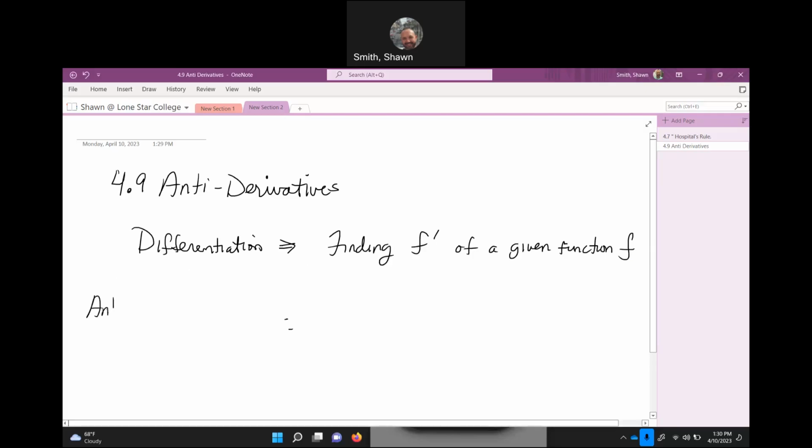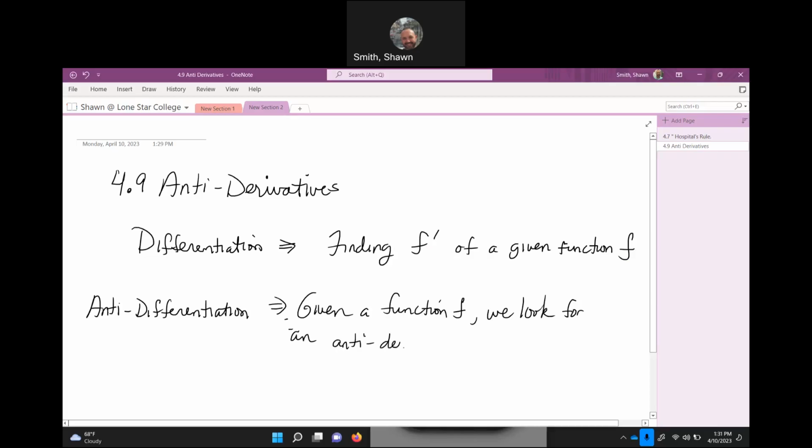Anti-differentiation, say that fast, is now given a function f, we look for an antiderivative function cap F whose derivative is f. Cap F prime is equal to f.